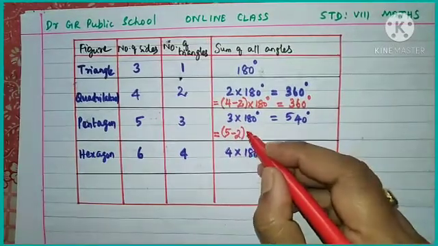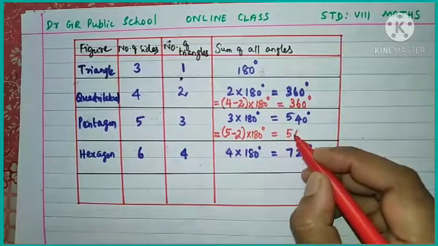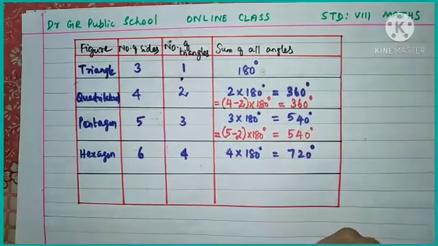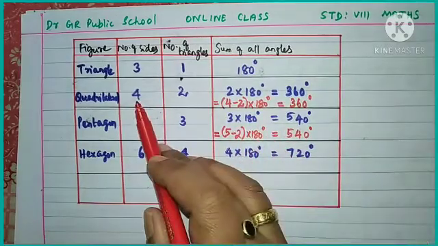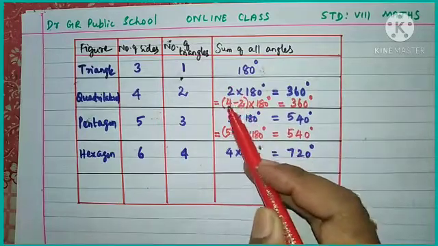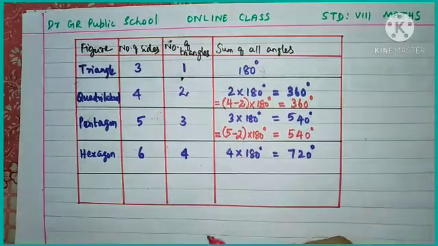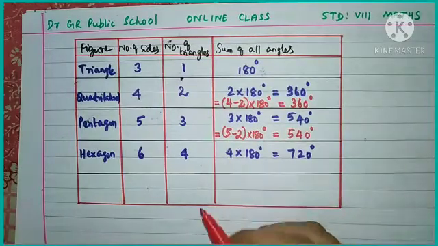Now this 5 minus 2 into 180 degrees, the answer is no change, 540 degrees. So in this, what I did, using the number of sides, I adjusted this 2 as 4 minus 2, 3 as 5 minus 2.